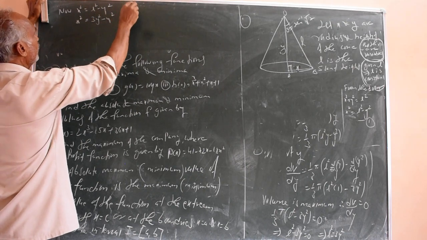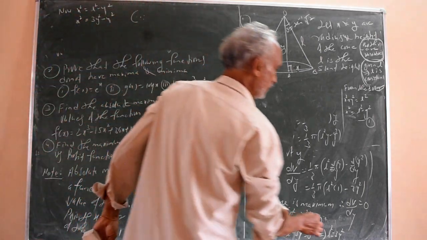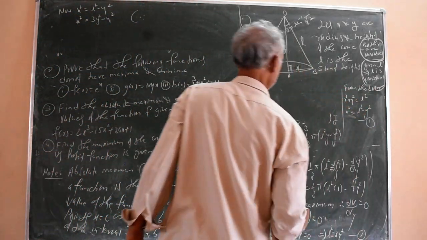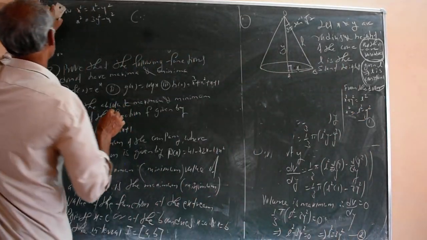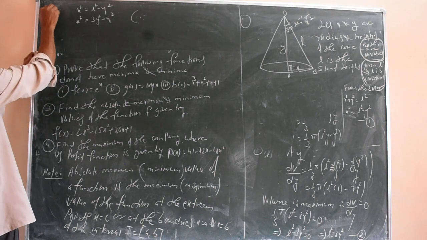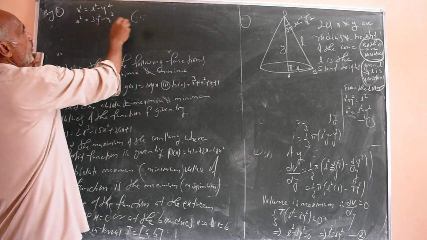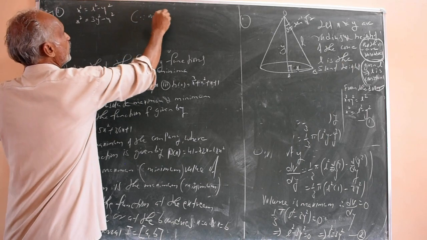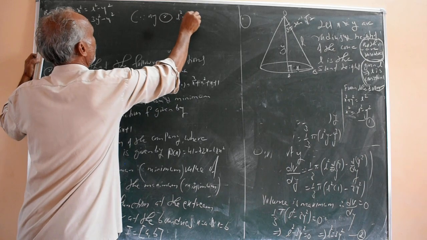Let us call this equation 1 and this equation 2. Equation 1 says that x square is equal to L square minus y square. By equation 2, L square is equal to 3y square.